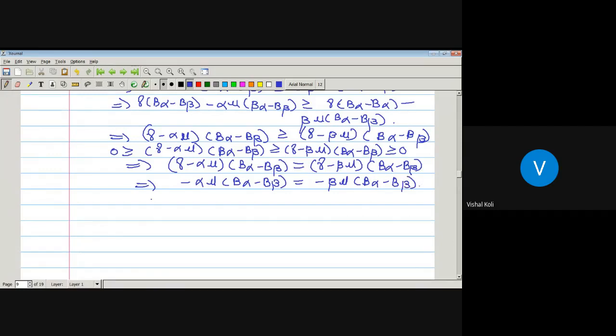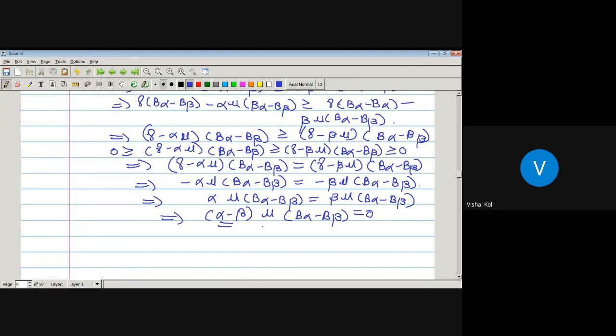Okay, so divide both sides by minus 1, then we get alpha mu of (b alpha minus b beta), which is nothing but beta mu of (b alpha minus b beta). Now, which is nothing but (alpha minus beta) times the measure of (b alpha minus b beta), and which is equal to 0. But we have taken alpha strictly less than beta.